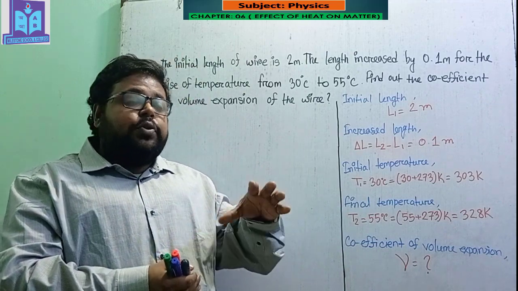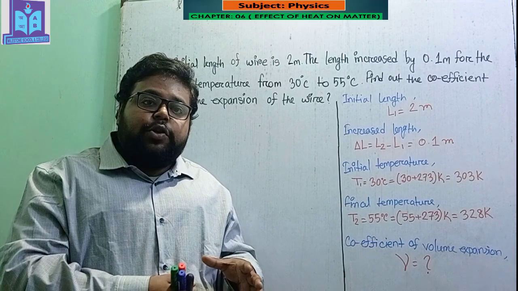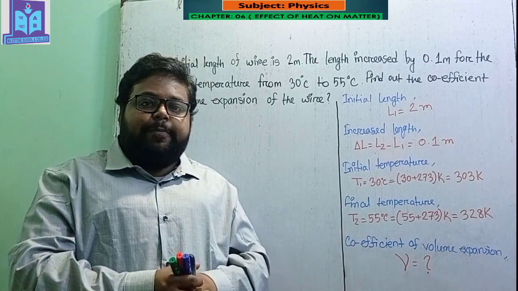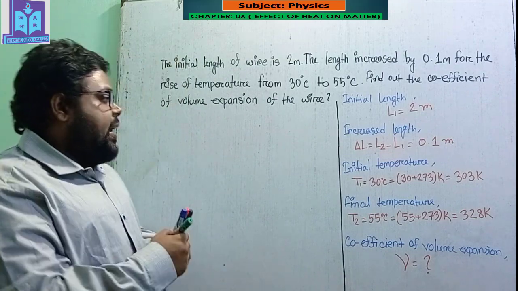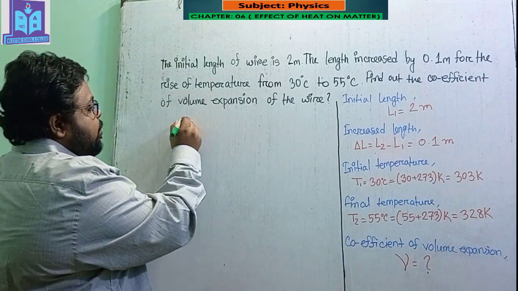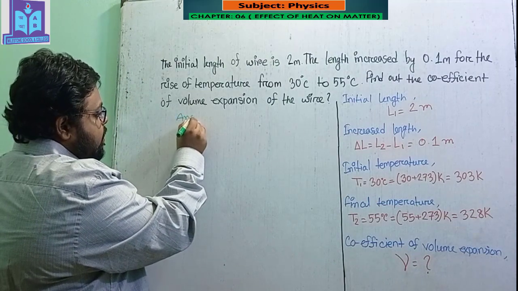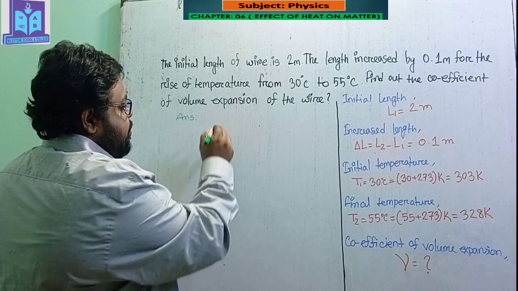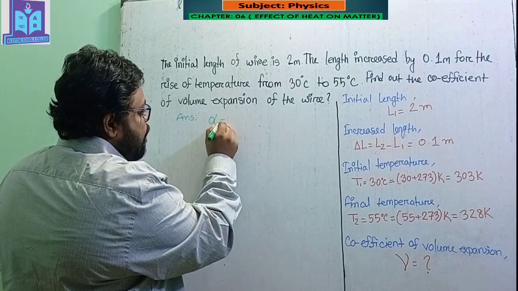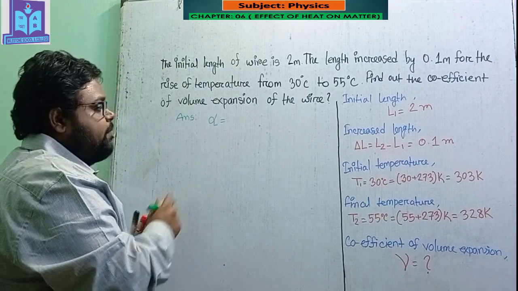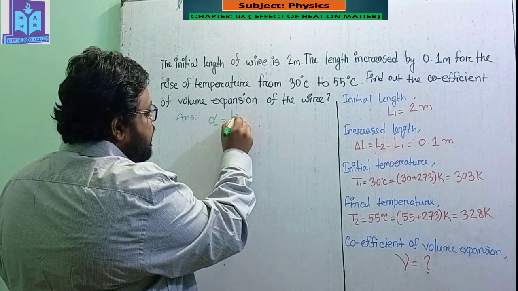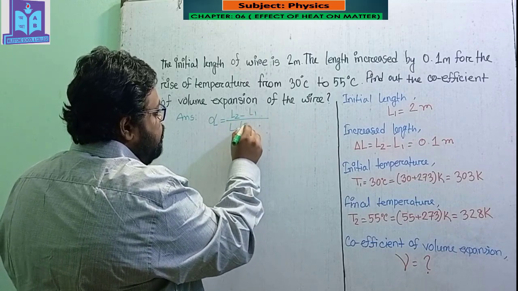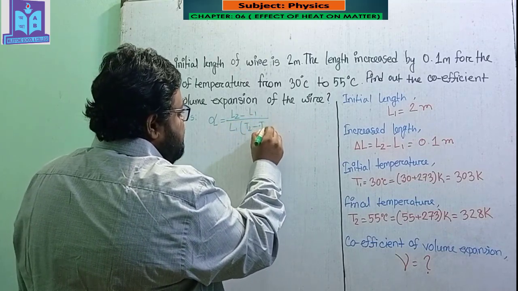So through the coefficient of linear expansion we can easily find out the coefficient of volume expansion. At first I have to find out the coefficient of linear expansion, and I know that alpha equals L2 minus L1 divided by L1 into T2 minus T1.